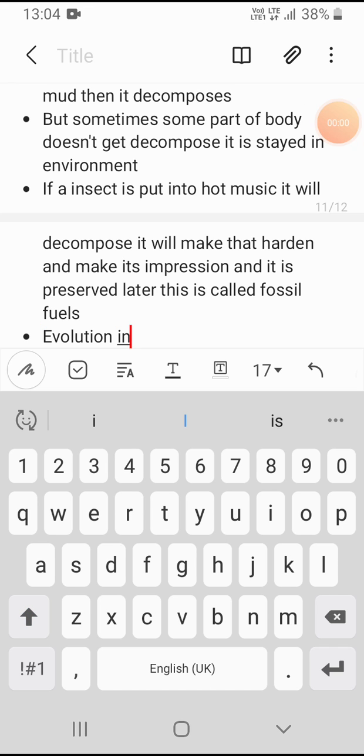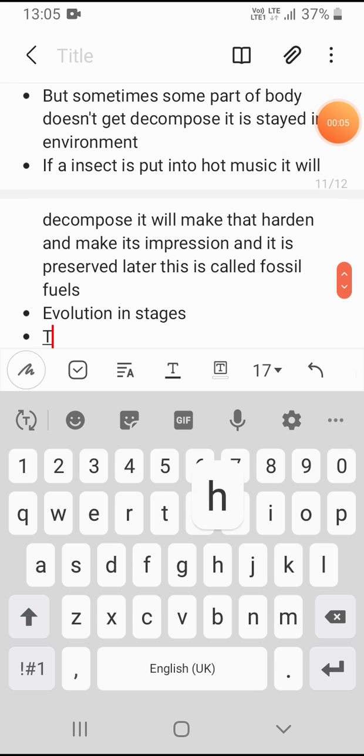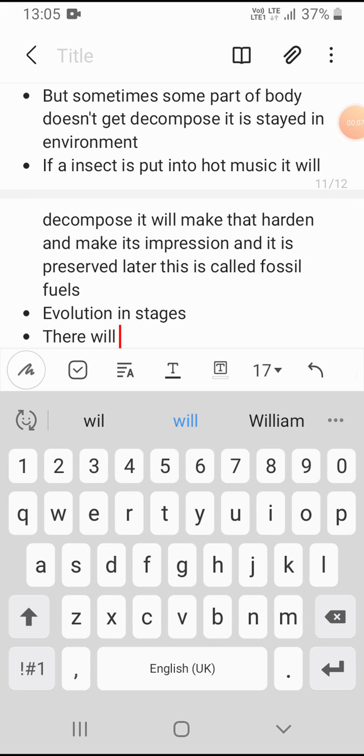Evolution in stages. As you all know, evolution happens in each stage. There will be different structures of eyes for different organisms.